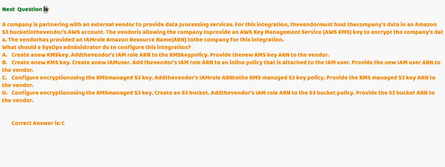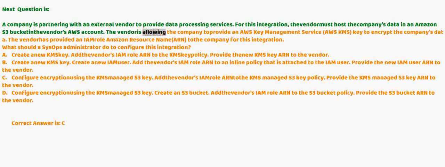Next question is: A company is partnering with an external vendor to provide data processing services. For this integration, the vendor must host the company's data in an Amazon S3 bucket in the vendor's AWS account.